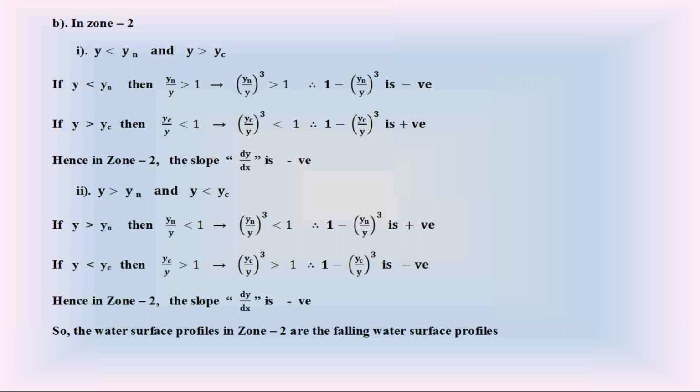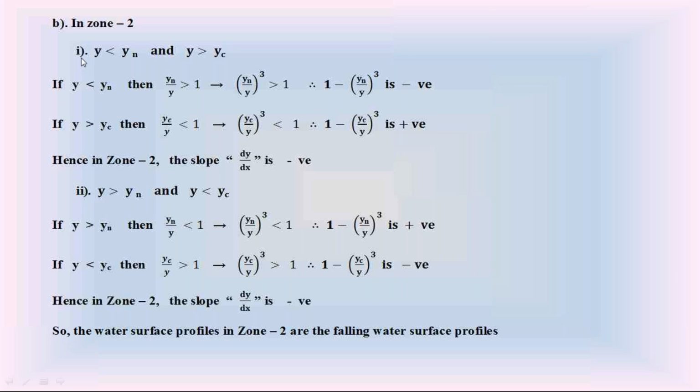That indicates the depth of flow y is less than the normal depth, but greater than the critical depth. The other possibility in zone 2 is that the depth of flow y is greater than the normal depth, but the depth of flow y is less than the critical depth.